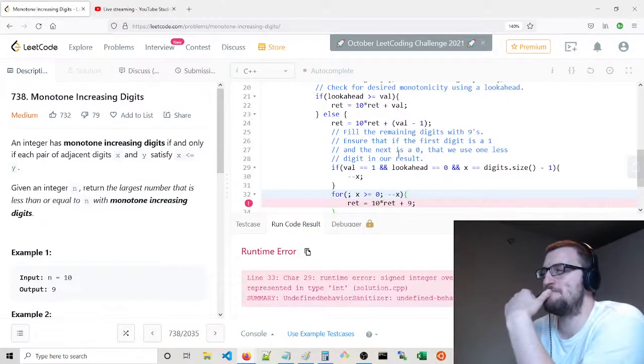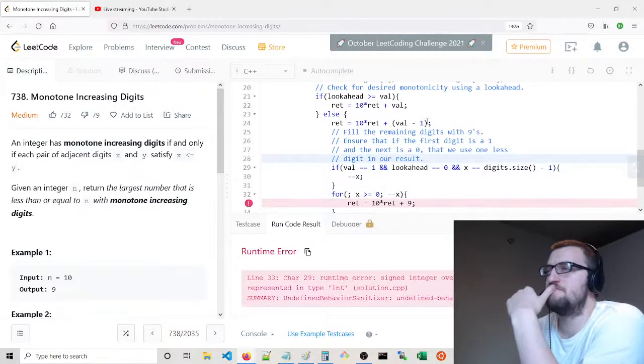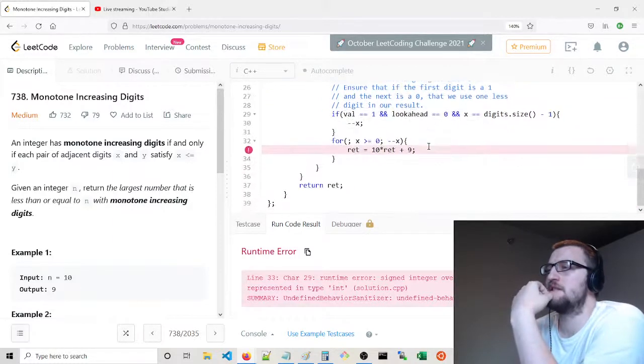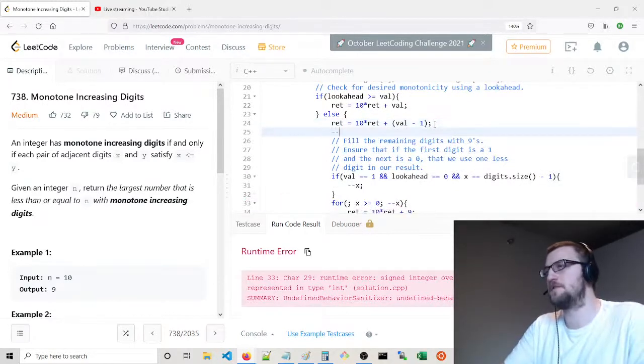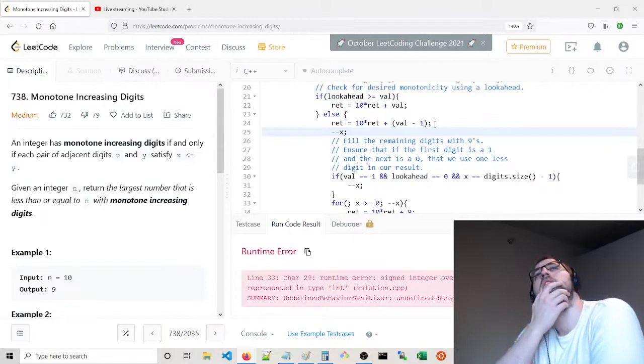Hmm. Actually, I think you're supposed to decrement x in all cases when you do this, because you select a value. Am I crazy here? Let's see. I don't know.